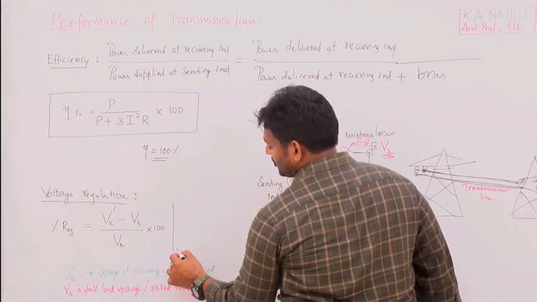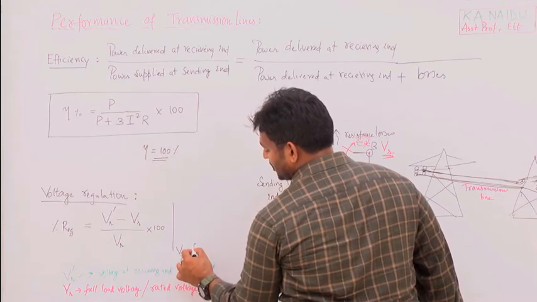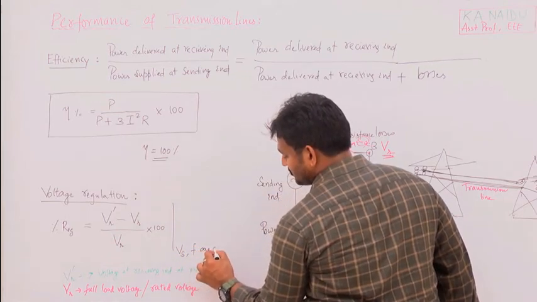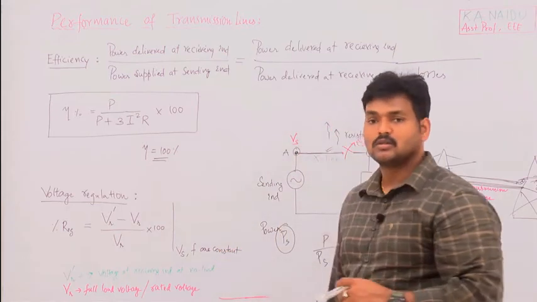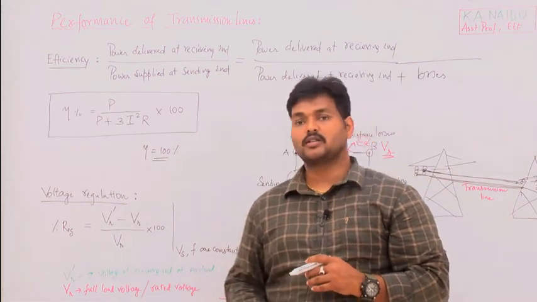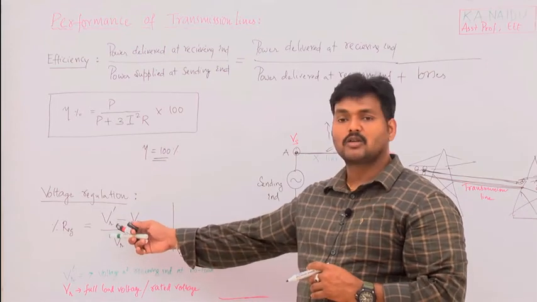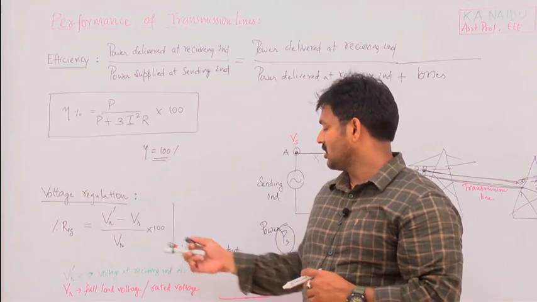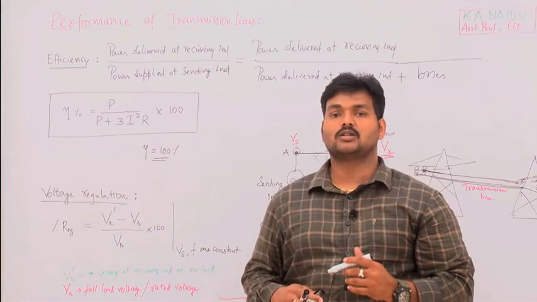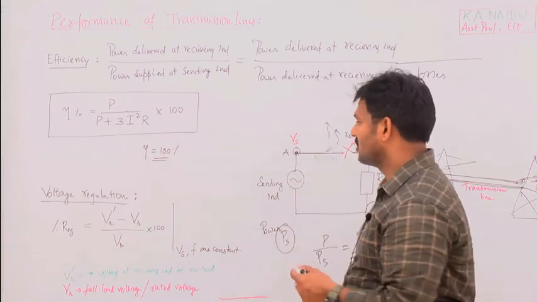This should be taken when the supply voltage and supply frequency are constant. Okay. So this is voltage regulation. Change in terminal voltage when a load at full load is suddenly removed, at constant voltage and frequency, is called voltage regulation.